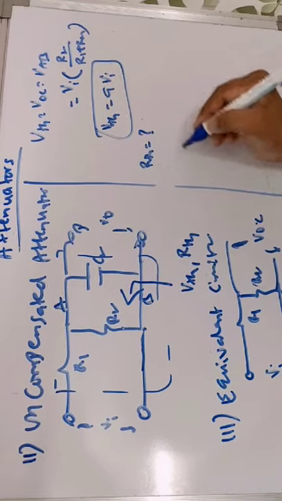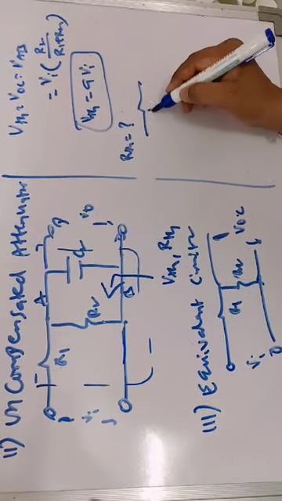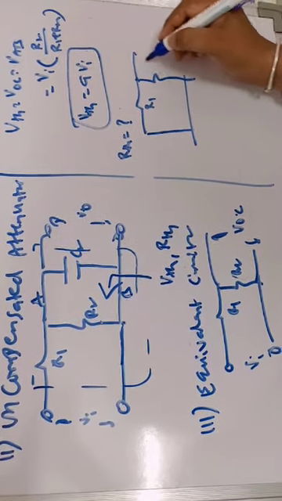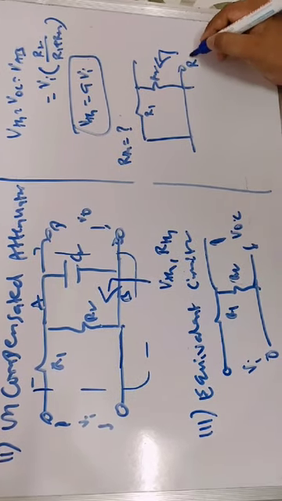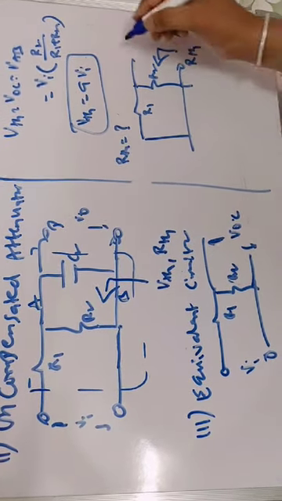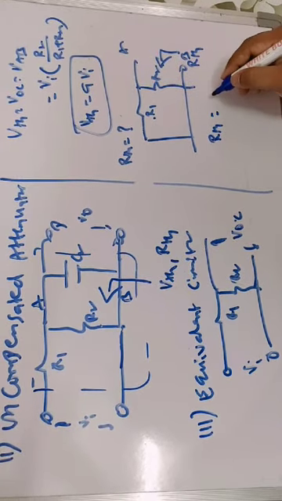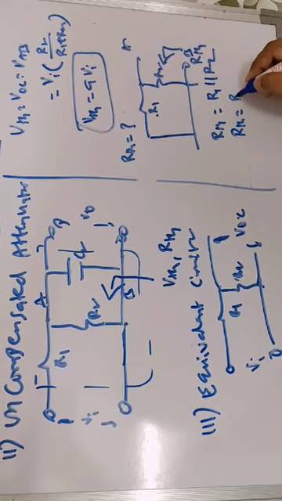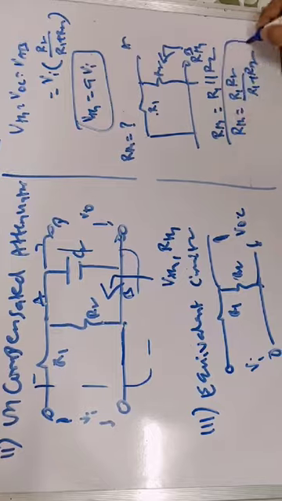RTH is found by nullifying the effect of the sources. The source is a voltage source here; a voltage source is short circuited, and a current source needs to be open circuited. So RTH between the terminals A and B is the parallel combination of the two elements, R1 parallel with R2. So RTH is equal to R1 R2 divided by R1 plus R2.